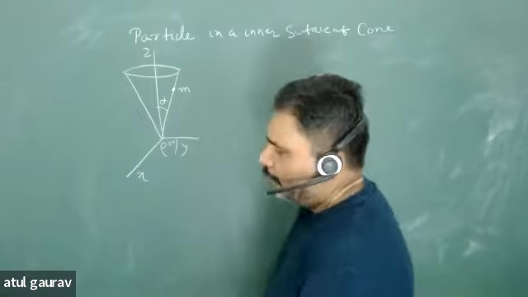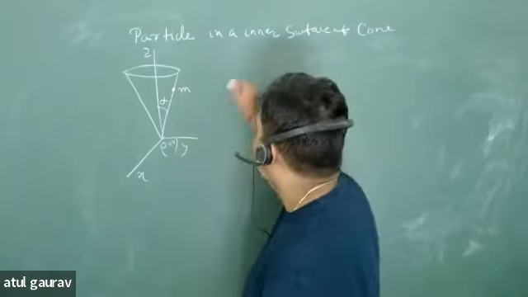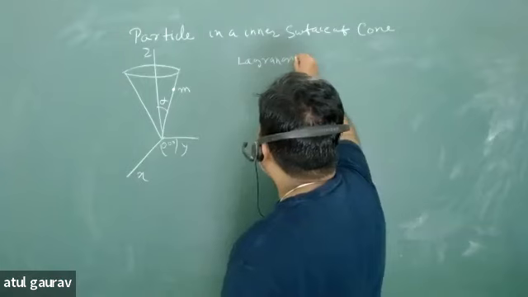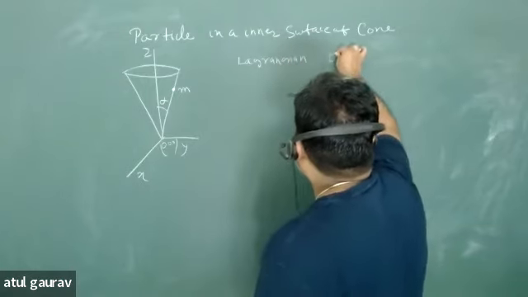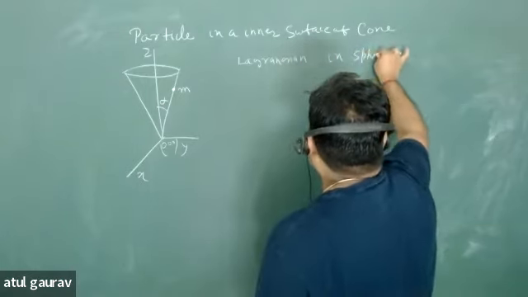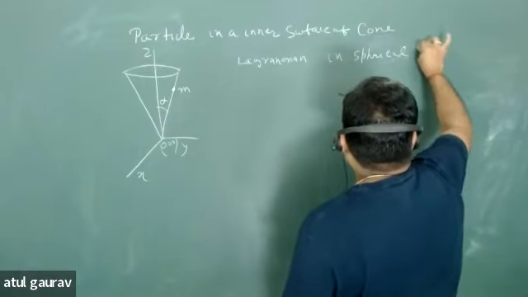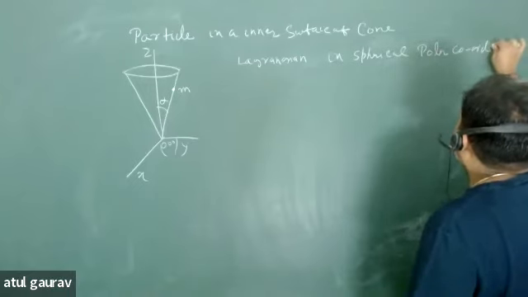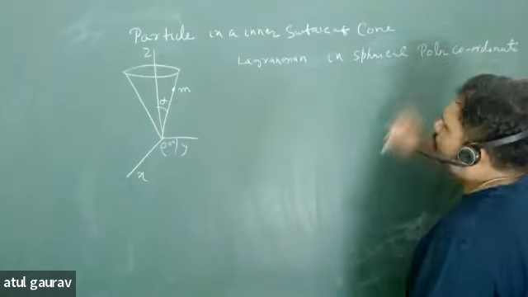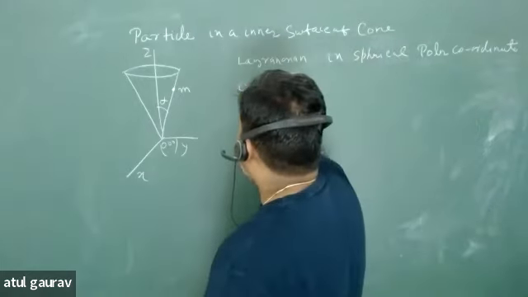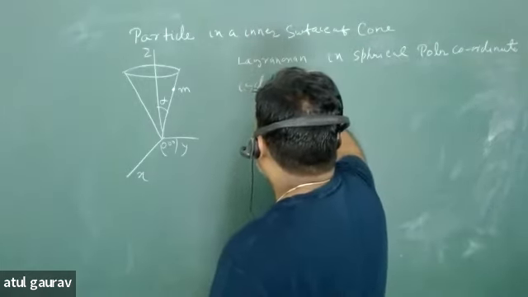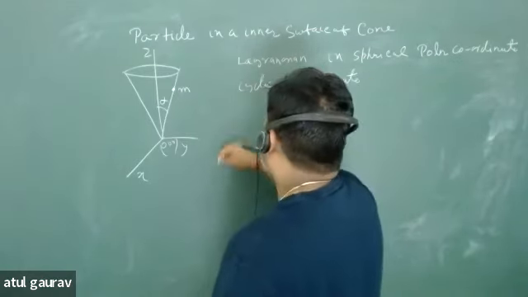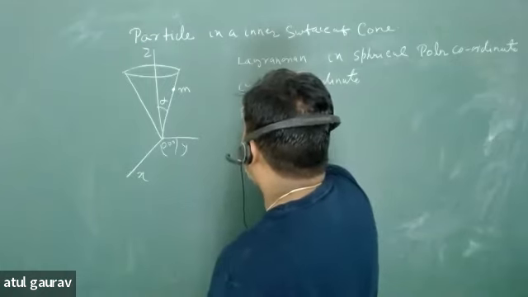We have to write the Lagrangian of the system in spherical polar coordinates, then find the cyclic coordinate, and then write the equation of motion.